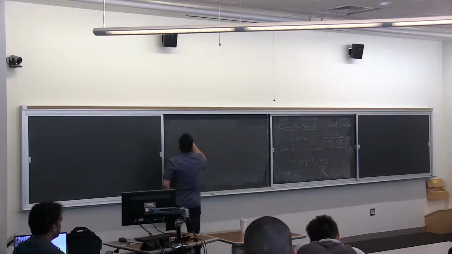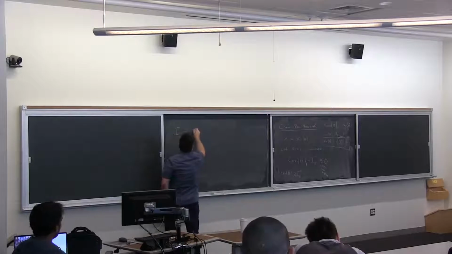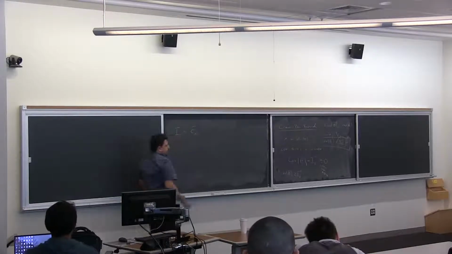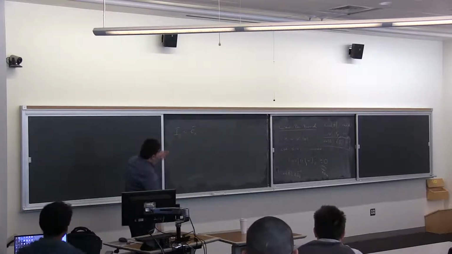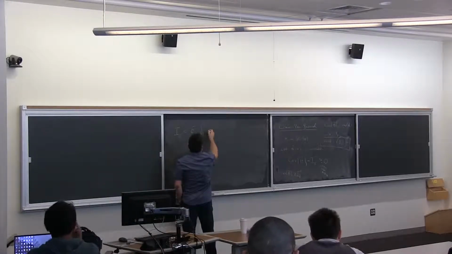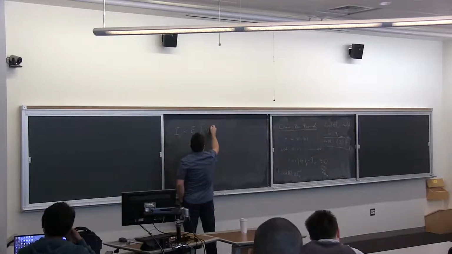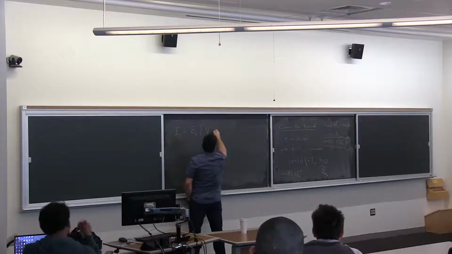Okay, so the Fisher information matrix is the expected value, with respect to the PDF that you're assuming for the data, of the Hessian of the log likelihood.